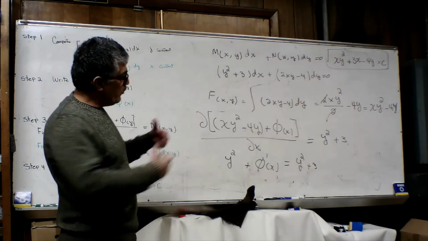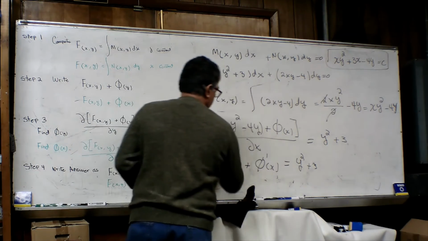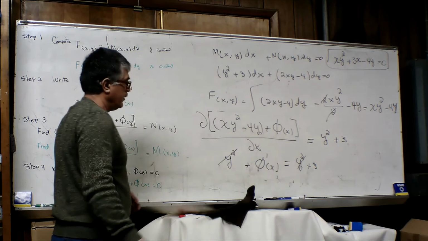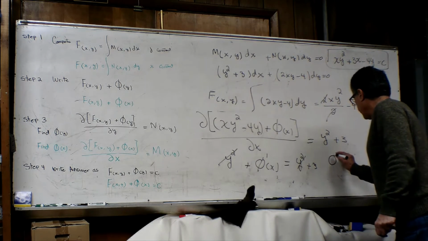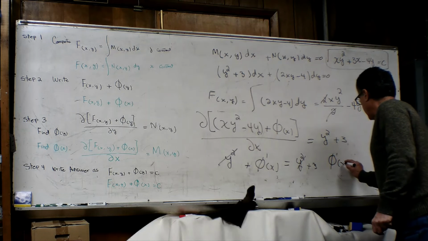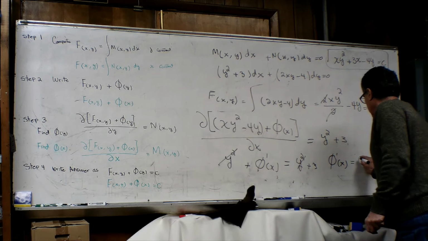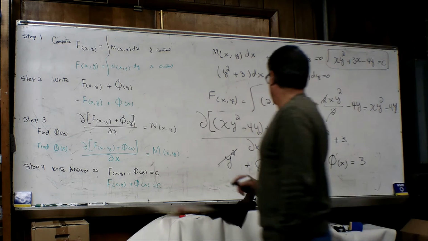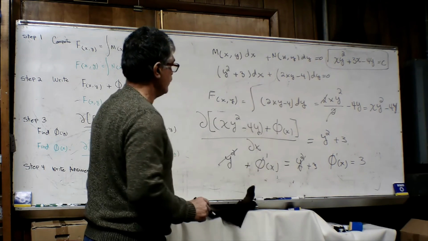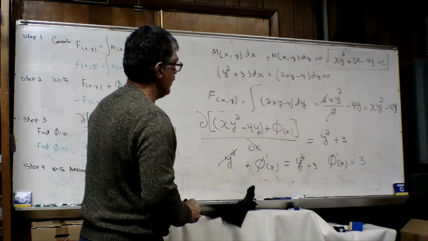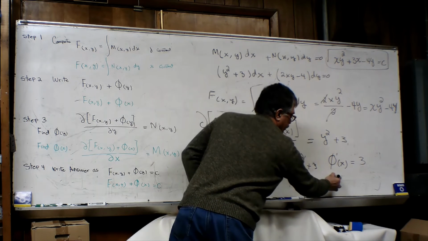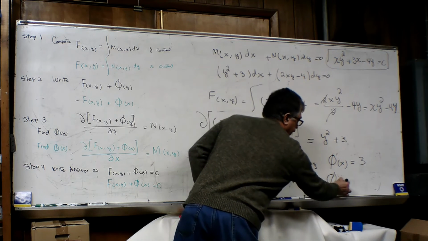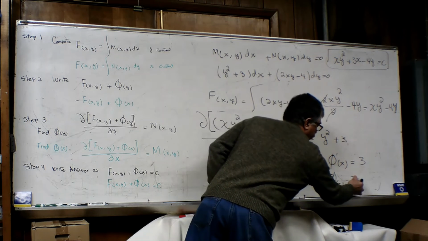In this equation, on both sides, the y squared will cancel out. So we are going to have phi prime equal to 3. If phi prime of x is 3, then phi will be equal to 3x.